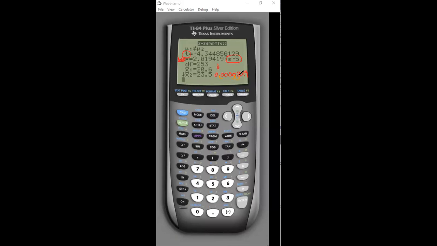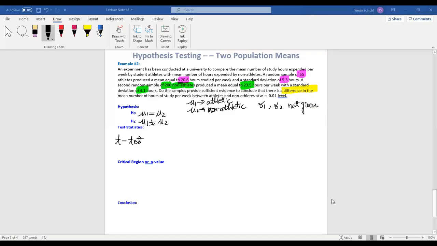0.019. So it's 0.00002019 here. Okay. All right. So let's go back to our lecture notes here. And so we know the t-test. So what do we have as the t-value? The t-value here we got is negative 4.34485.